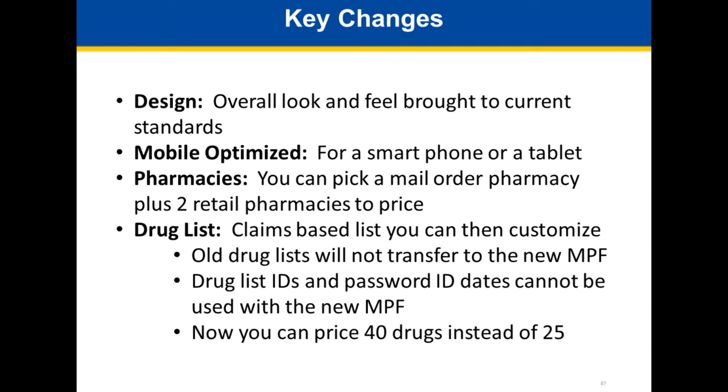But you must remember that the existing saved drug lists will not transfer to the new Plan Finder, and the drug list ID numbers are no longer available for anonymous searches. Also, you can now price up to 40 drugs on a list instead of 25 in the previous tool.